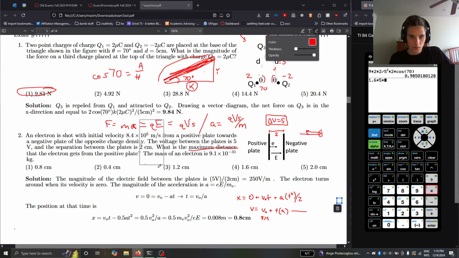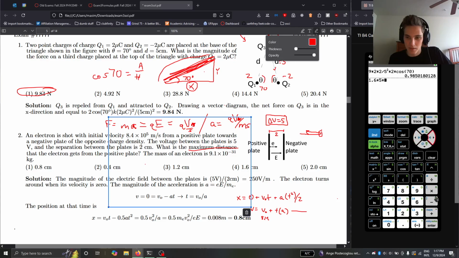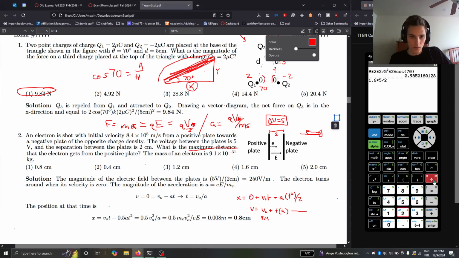Or no, sorry, electric field is not V times s, it's V over s. Oh, man. My bad. So times 5, well, instead divide by 2, and then divide by the mass as well, which is the 9.1 here. So we'll say bad units, but that's the acceleration.